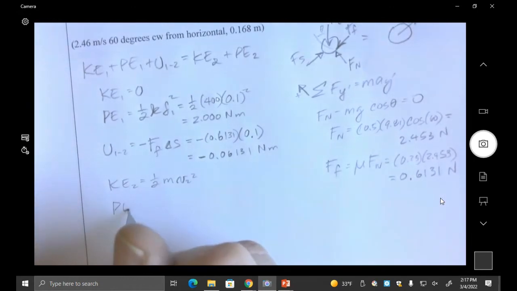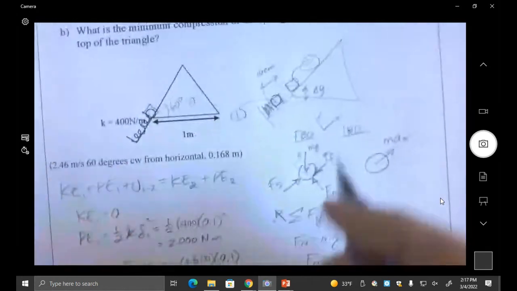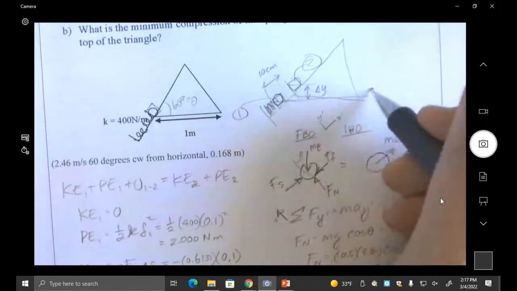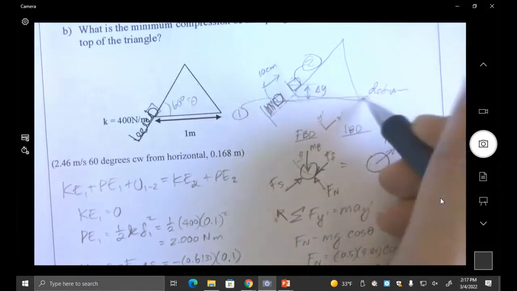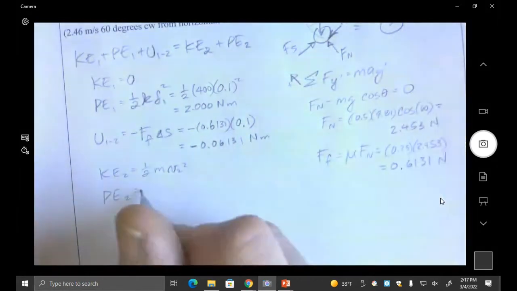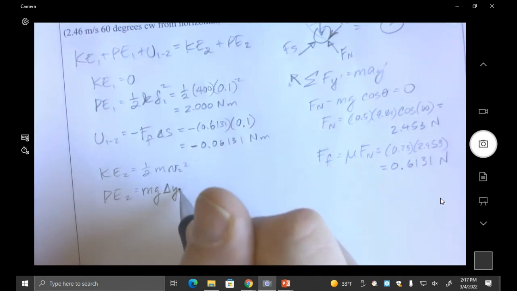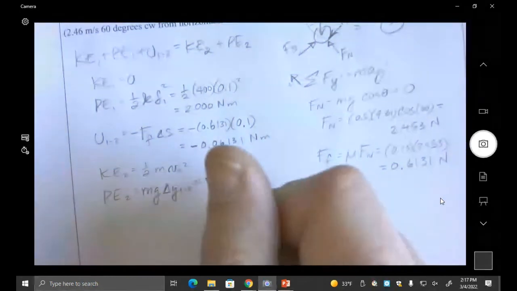And then the last one is PE2. We're going to say this is the datum right here. I guess I could write the delta y over to the side, but we're going to go mg delta y from 1 to 2.